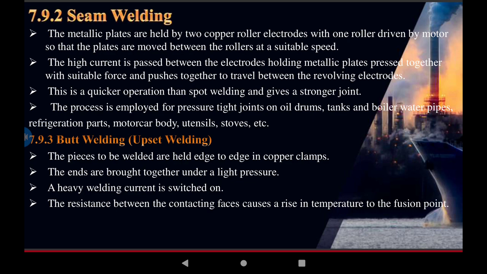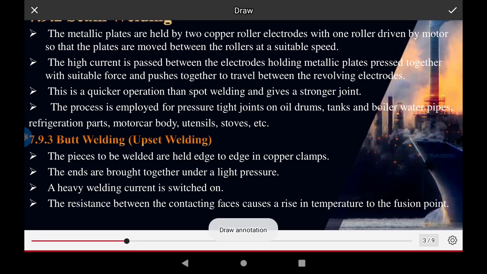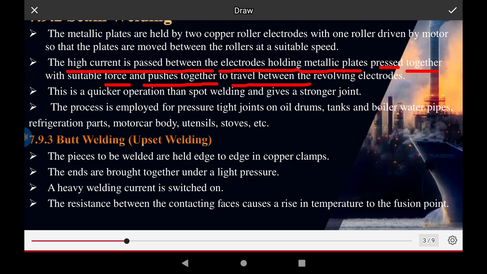The high current passes through the electrodes holding the metal plates and passes through them together with a suitable torch and pressure, traveling between the revolving electrodes.